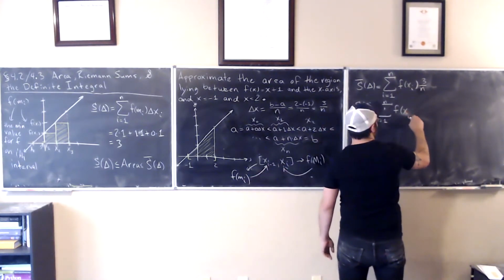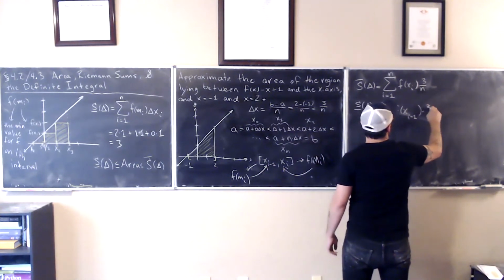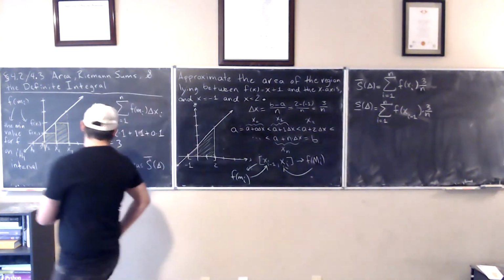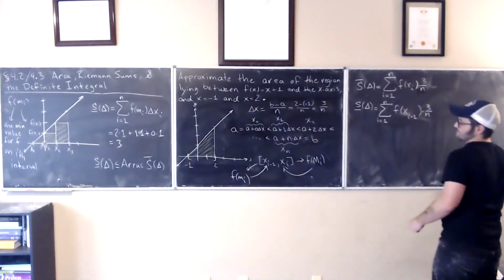So f of x i minus 1 times the change in x, the change in x is this. Okay. All right. So we're getting somewhere.